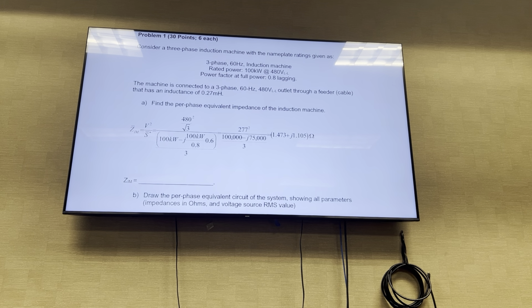If I looked at a drawing of the whole system, it would look like this. I have a voltage source, then I have an impedance, and then I have a machine. I call it induction machine for short.